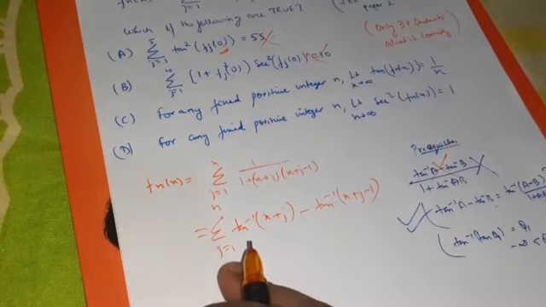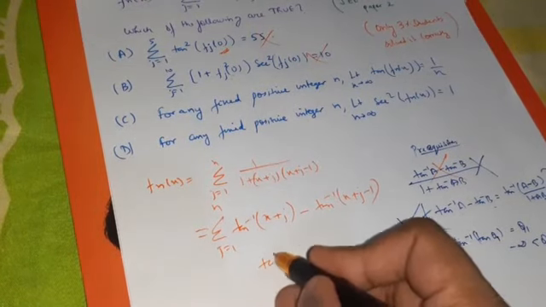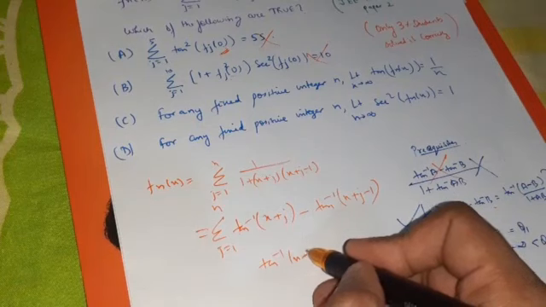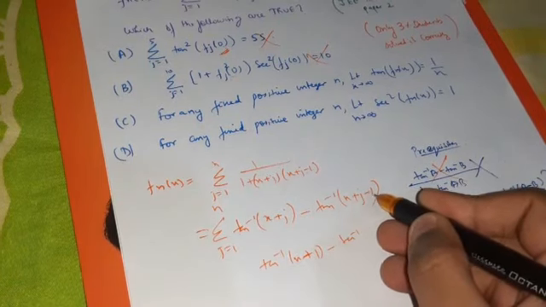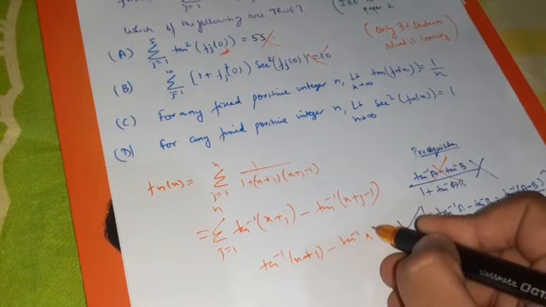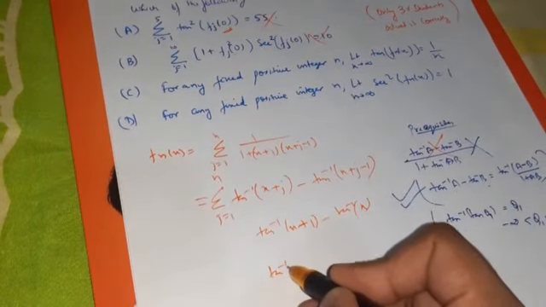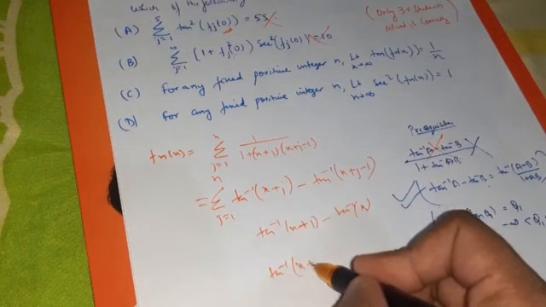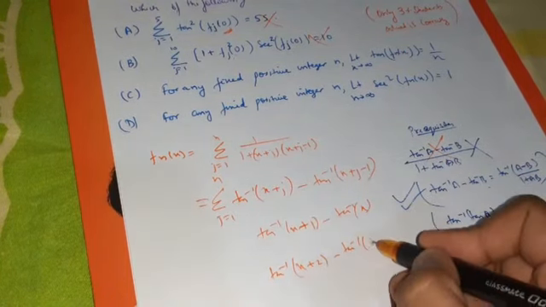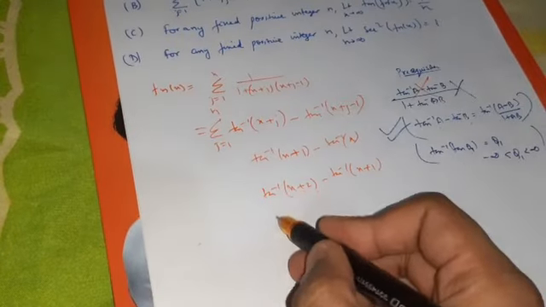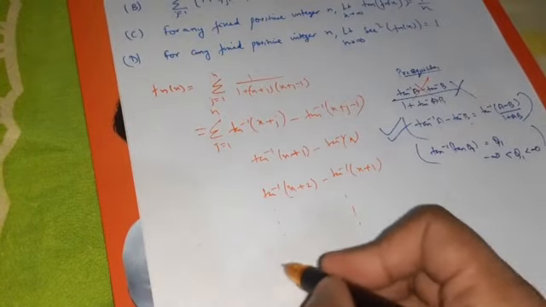At first we put j as 1, so what do we get? Tan inverse of (x plus 1) minus tan inverse of (x plus 1 minus 1), and 1 minus 1 is 0, so tan inverse x only. When you put j as 2, you get tan inverse of (x plus 2) minus tan inverse of (x plus 2 minus 1), and 2 minus 1 is 1. Similarly, you put 3, 4, till n.